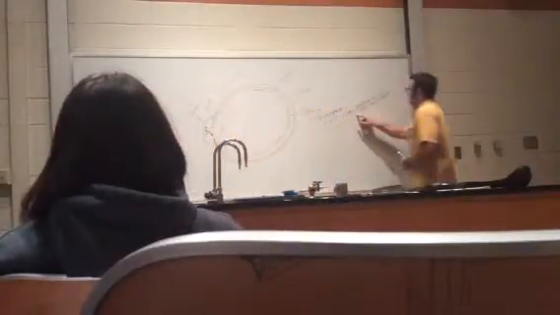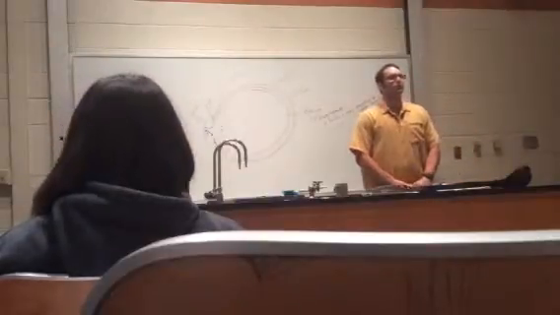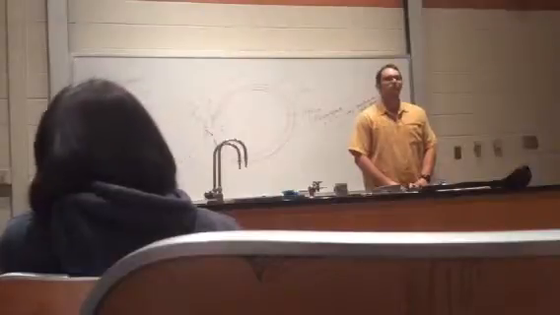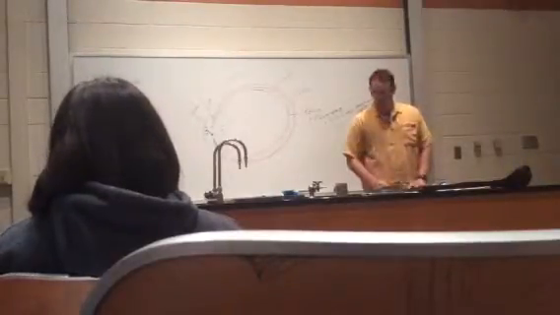So if rods are very sensitive to all light wavelengths, do you think they're going to be very good at distinguishing different colors of light? No, they pretty much just respond to any light, and they pretty much just give the same signal.